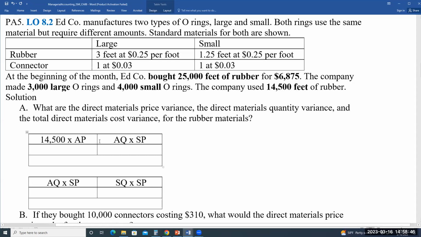I misheard the number you said and I was confused. Okay, so that's our actual quantity. And what would be our standard quantity? Gonna have to do some calculations to figure that out. What would be the standard quantity for the 3,000 large O-rings?